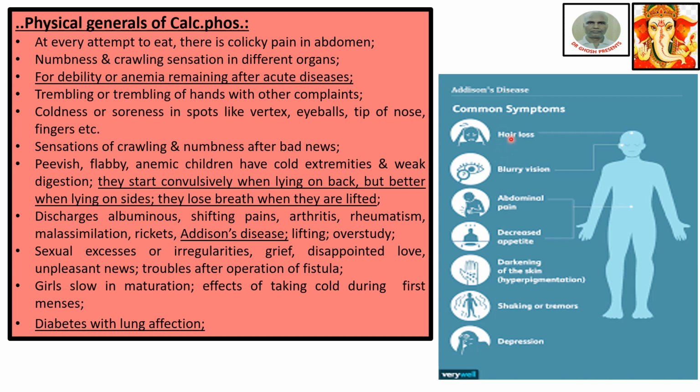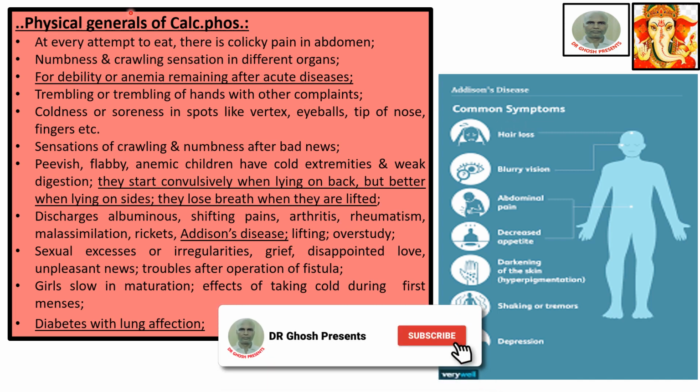Please note: hair loss, blurry vision, abdominal pain, decreased appetite, darkening of skin, shaking or tremors, and finally depression. All this combination can be treated with a particular medicine, that is Calcarea Phos, because these are Addison's disease symptoms.